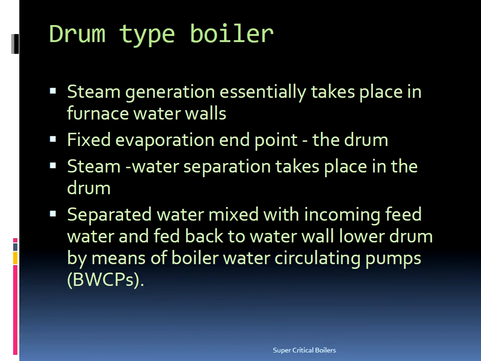Steam generation especially takes place in the furnace walls. There is a fixed evaporation end point, and as far as the steam is concerned, water separation takes place in the drum, and the separated water mixed with incoming feed water is fed back to the water wall, that is the lower drum, by means of boiler water circulating pumps.